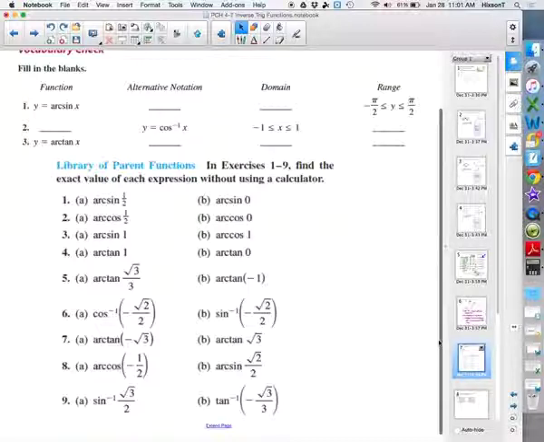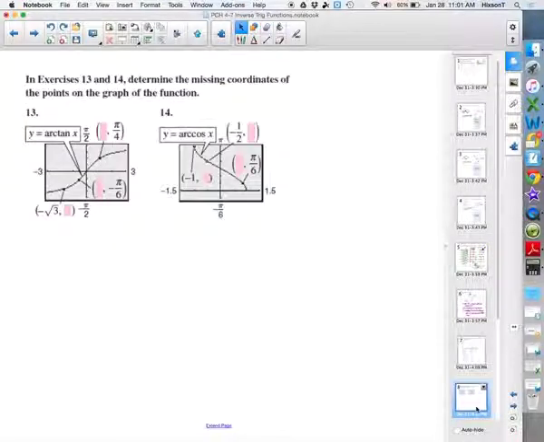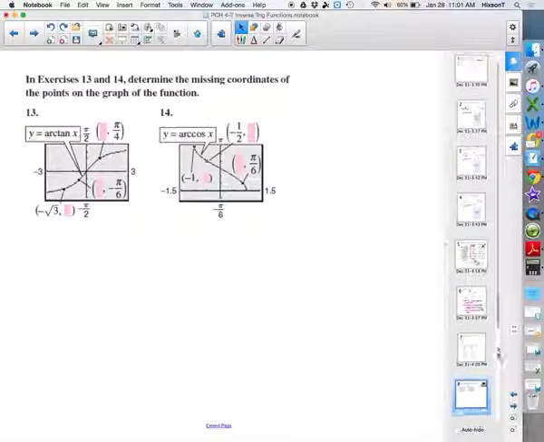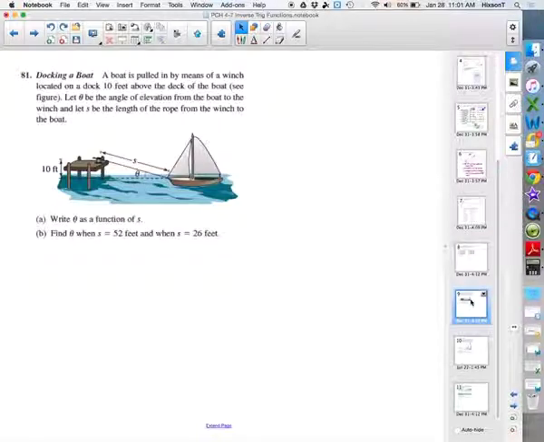So, up here is getting you used to the notation and the domain and range that we're dealing with. Here we're using the unit circle. And then you've just got a couple where you can use the calculator, making sure you understand a little bit about the graph. And then there's a couple of problems similar to problems we've done in the past, dealing with right triangle trig, except once you set up your equation, you're solving for the angle this time.